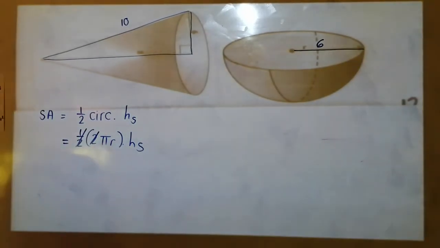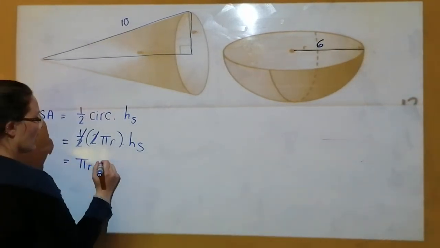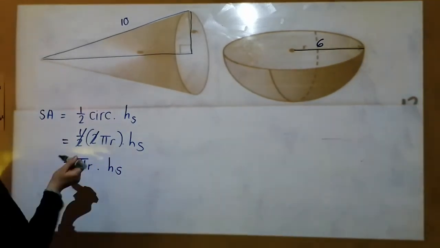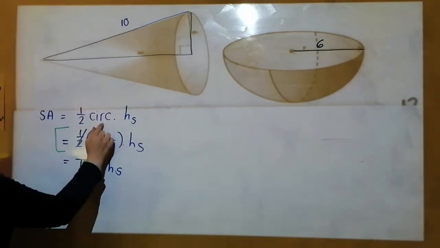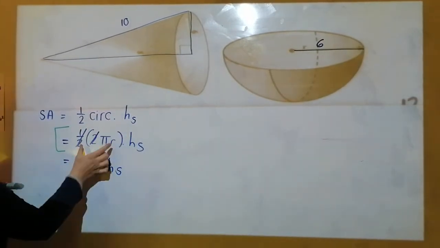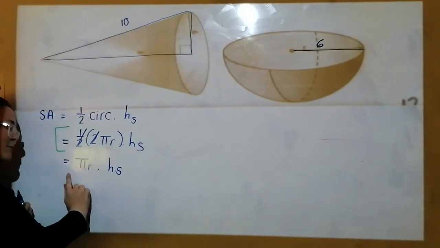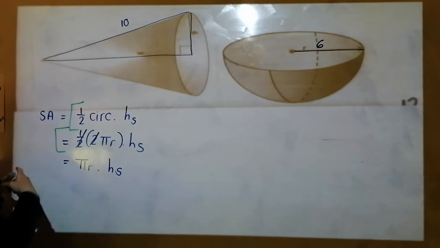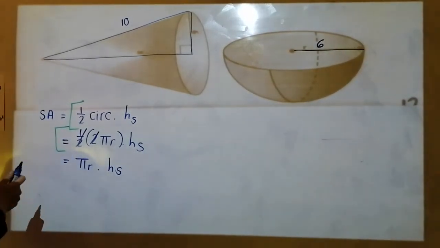They cancel out one another. So all I'm going to fill in is pi r times height slant. This is not a necessary step to follow. I just put it in my brain because this is what I remember. But if you can remember this straight off the bat, you don't even have to fill that in. You could just say that the surface area equals pi r times the height slant.